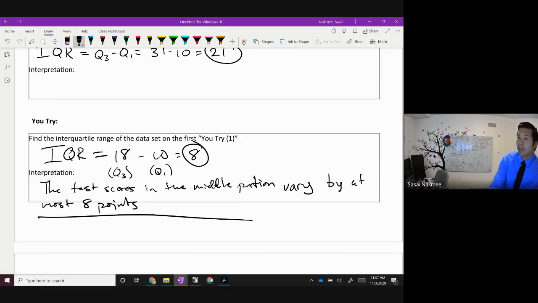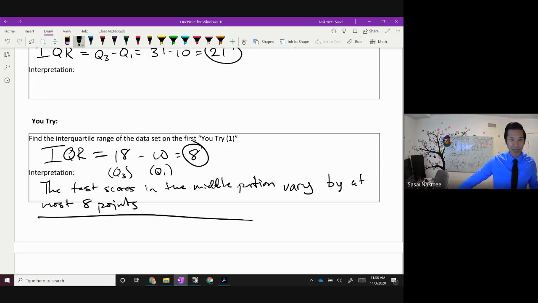Which I guess could tell you a lot if you're looking at something crazy, but in this particular case, it's just telling you your data is not too spread out in the middle. The middle of it is only about a difference of 8 between the lowest score and the highest score in the middle.